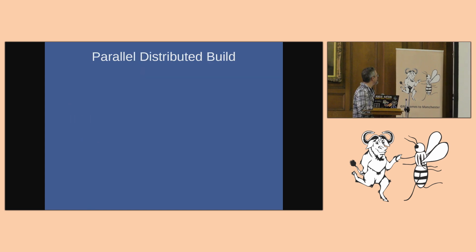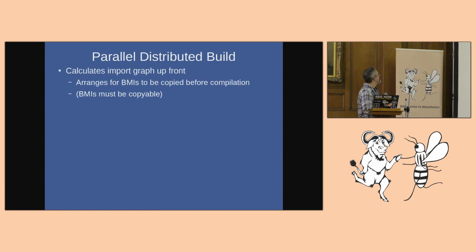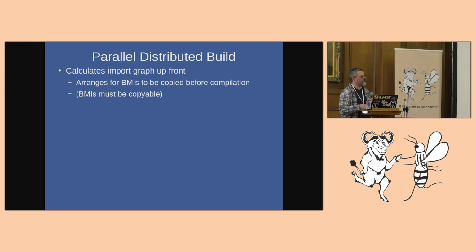Then I thought about, well, what if you've got a distributed build? When we've got things on different computers that we have to get across. So let's assume we can compute the import graph up front before we invoke anything, or we do that make depend step effectively. And then we have to copy the BMIs across from where they've been built to where they're going to next be used.